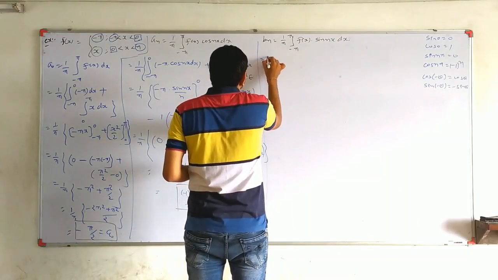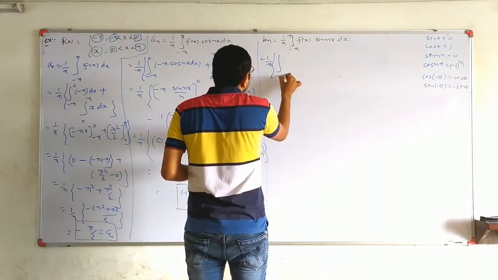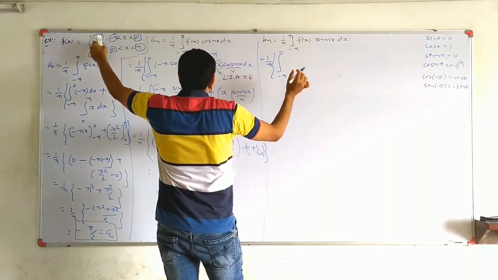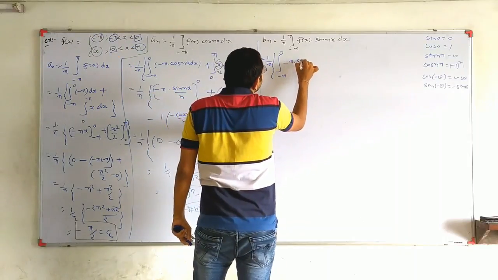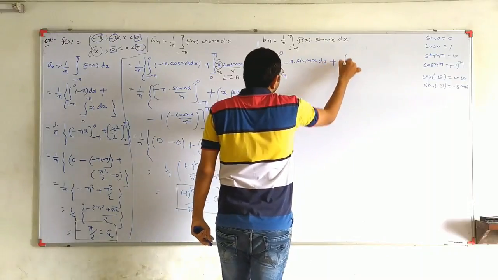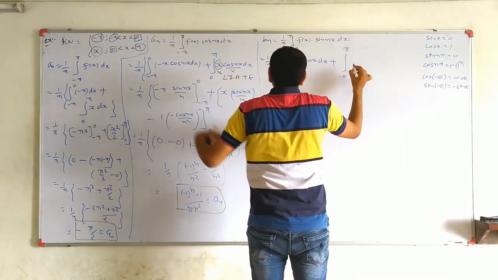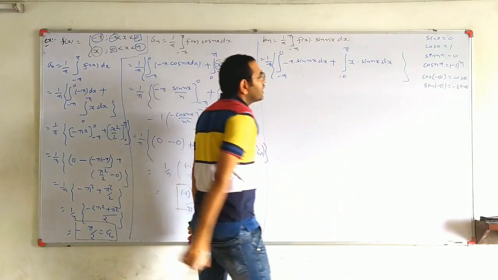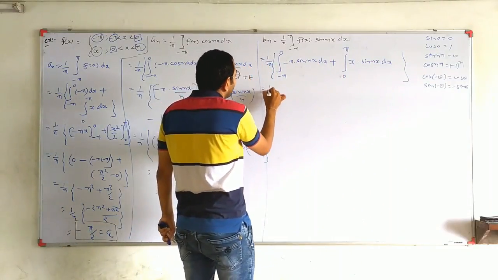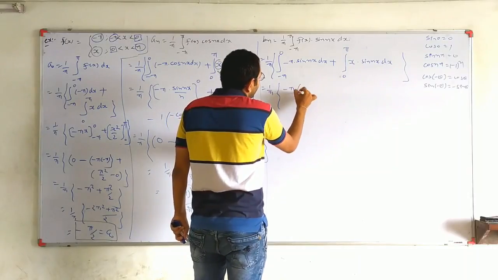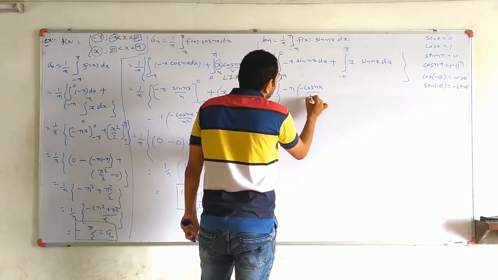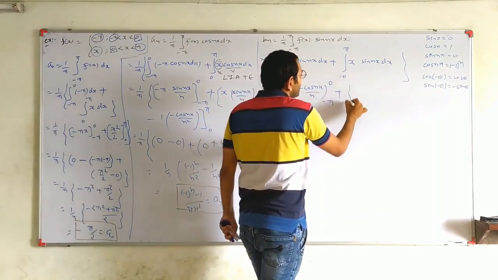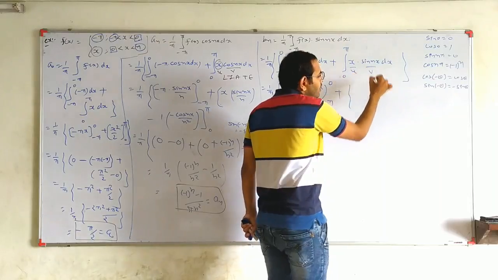Similarly, we break the limit: from minus pi to 0 the function has value minus pi, so minus pi into sin nx dx, plus from 0 to pi the function has value x, so x into sin nx dx. Now taking the integral, 1 upon pi, minus pi times minus cos nx upon n from minus pi to 0, plus here, that is the value of u and that is the value of v.